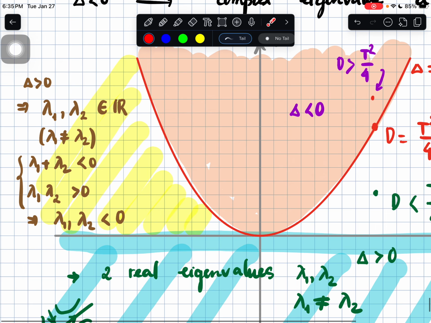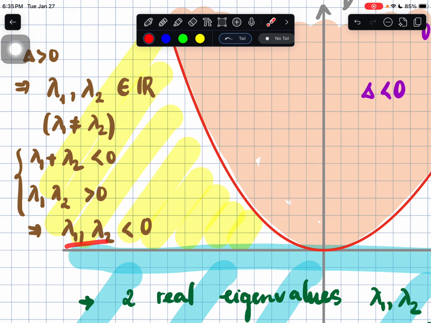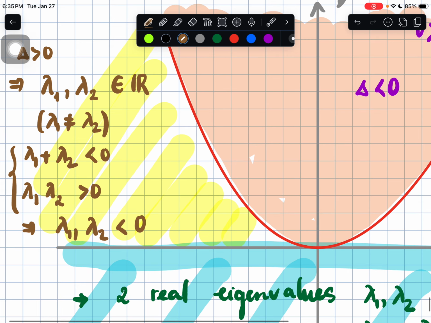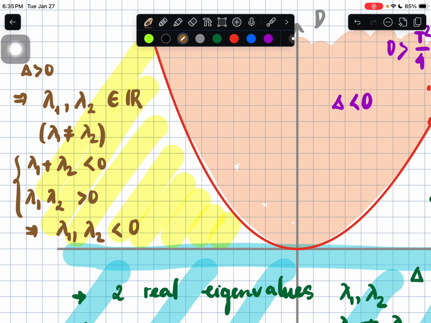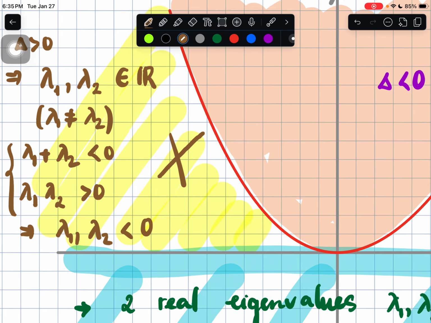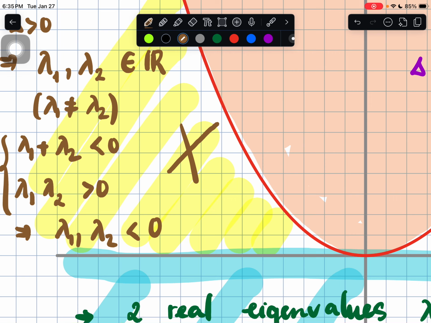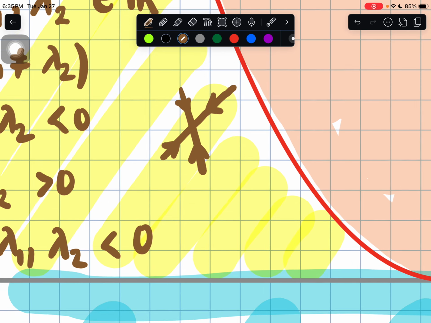They are negative and distinct, and therefore we have a sink. So for example, we have two eigenvectors because the two eigenvalues are distinct, so we have two linearly independent eigenvectors, and this is a nodal sink.